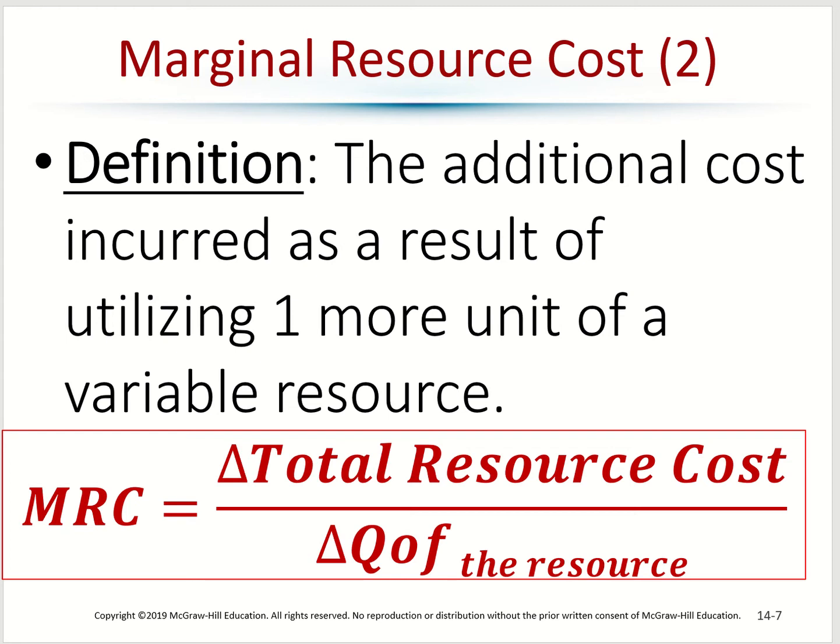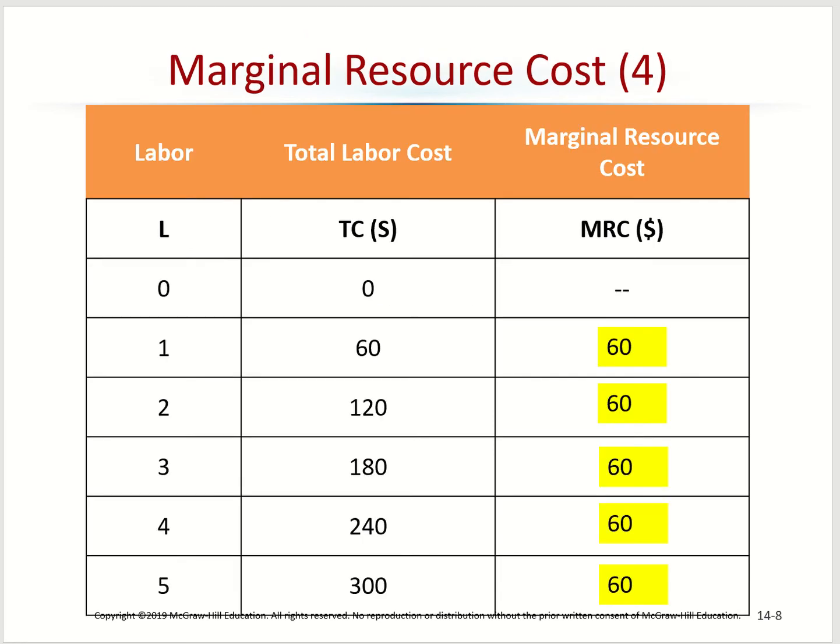And then the formula is also very simple. This is just your change in total resource cost over the change in quantity of resources. All right, so let's look at this table here. The marginal resource cost is the change in total cost over the change in resources. In this case, our resource is labor, so it's the change in labor.